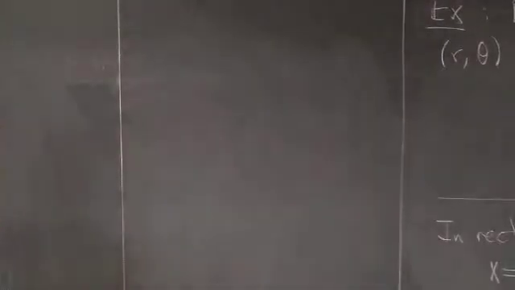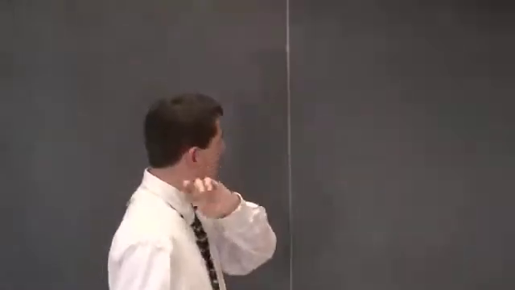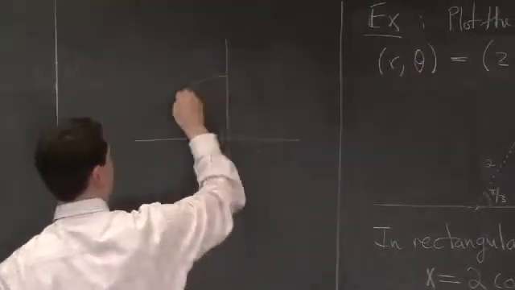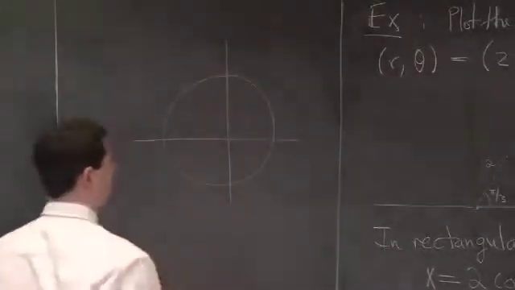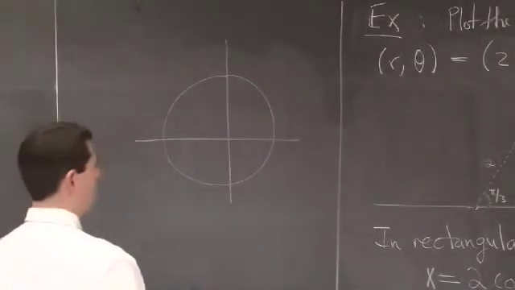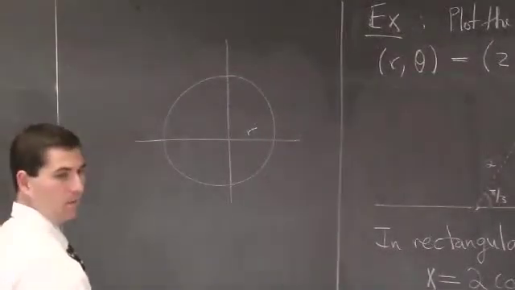You can get some real funky shapes very easily. So let's start in rectangular coordinates. This is supposed to be a circle centered at 0. What's the equation of this circle? Say it has radius r.